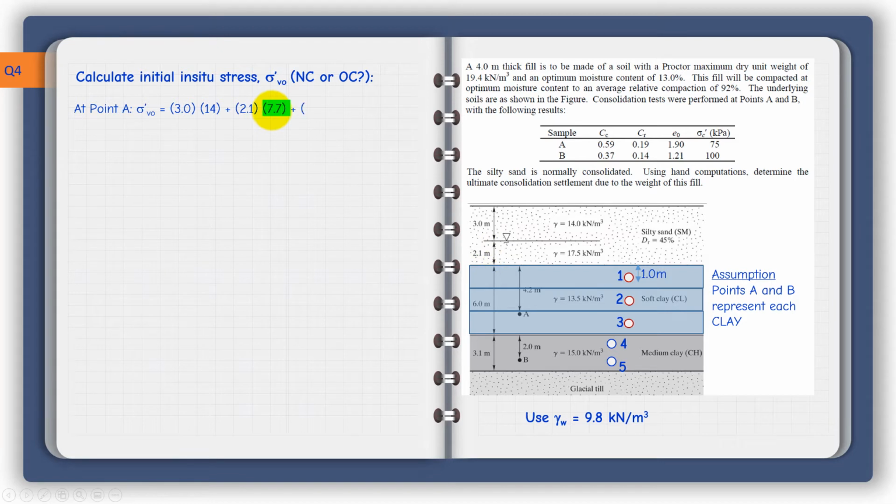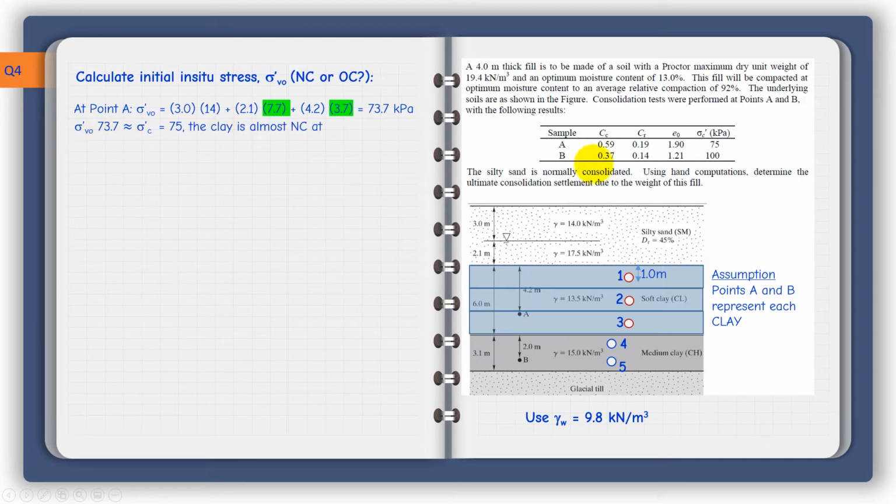This is why I have a green here. And then I have 4.2 meters of submerged soft clay. So I take away from the 13.5 kilonewton per meter cubed the 9.8 kilonewton per meter cubed for the water. So now I calculated the in situ stress at point A being close to 74 kPa.